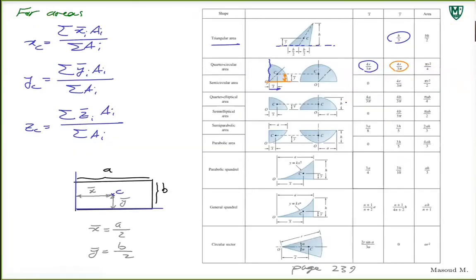Let's go back to the table we have. Right? This is all we have for the triangle. What does this tell me? It tells me that centroid is located at 1/3 of height from the base. Now, in this case, we have a pretty neat triangle that is like this.